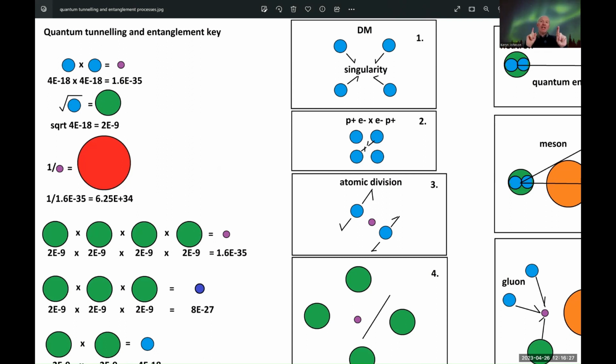So r times itself is r squared. If you want to know what r is, then you have to square root it, right? So the square root of r times r gives r.